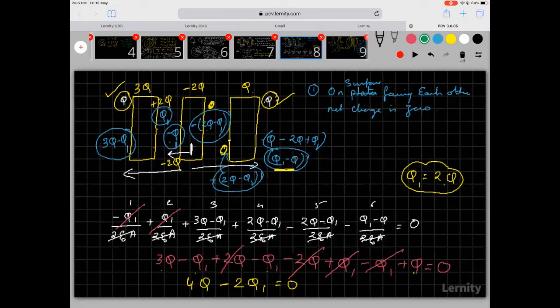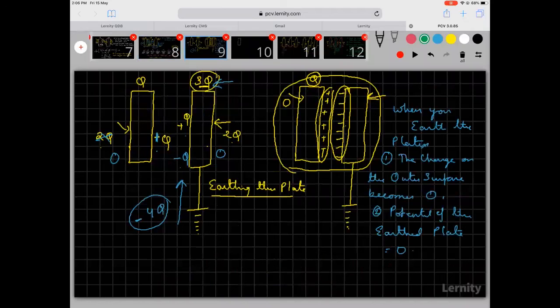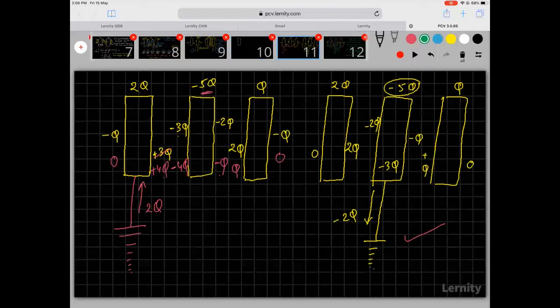Then we found out the charge distribution on each plate. Then I took 2 plates, connected it to the earth. Then I took 3 plates. Now we said, now we know the answer. We don't really have to work it out. We can directly do it. So we directly did it.